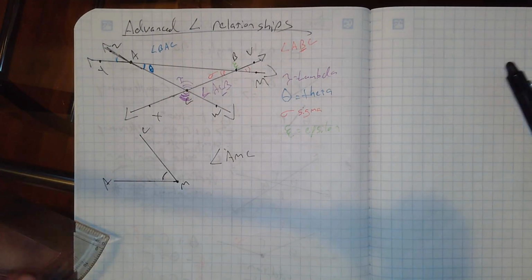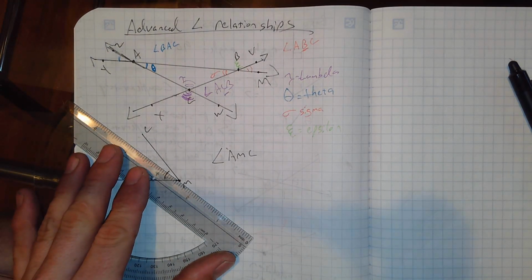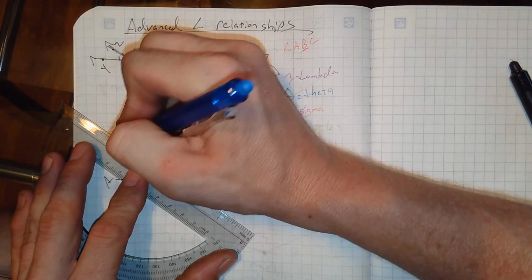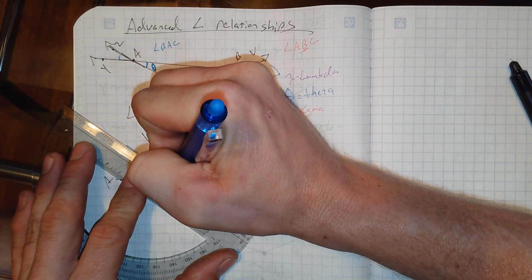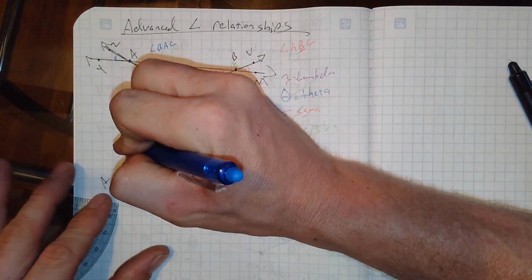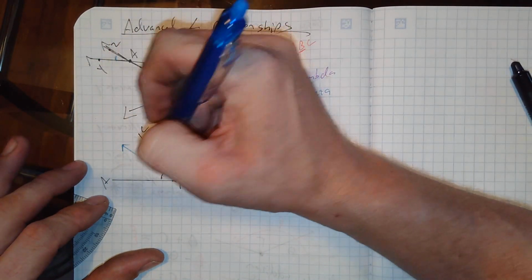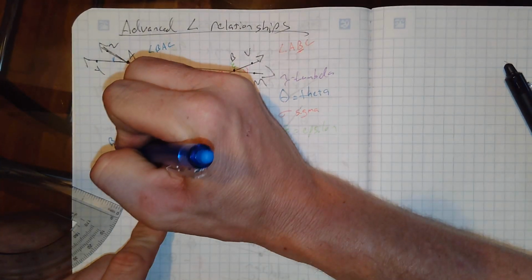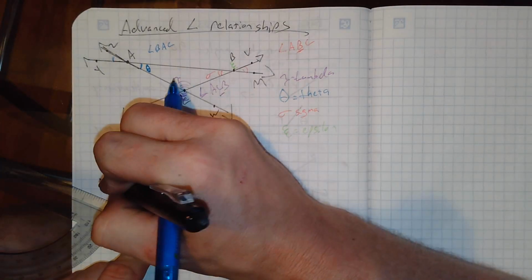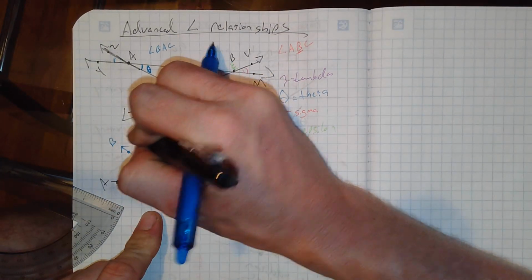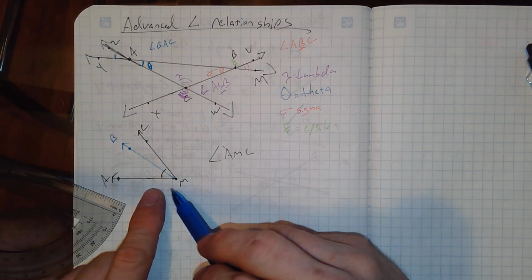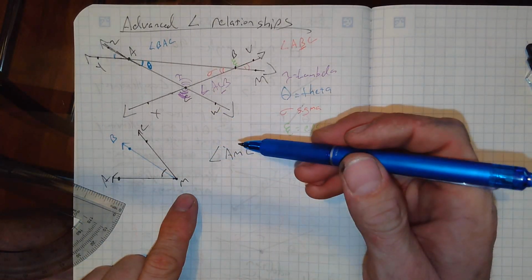Now, if I have a line that bisects this angle, a ray or a line, we'll call this point B. I'm going to make some points here. Now we'll say that it doesn't look like it, but say that it does, because that's how it works.